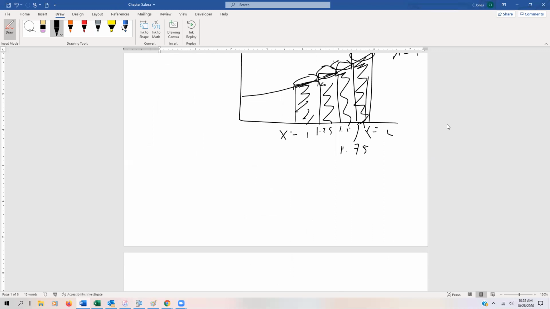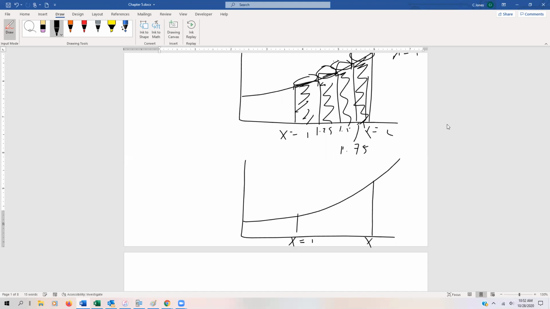What if we wanted to use the left endpoint? So the exact same drawing. And again, we have our x equal 1, and we have our x equal 2. But this time, let's use this endpoint. So right here, let's just break it up into 2 rectangles this time.